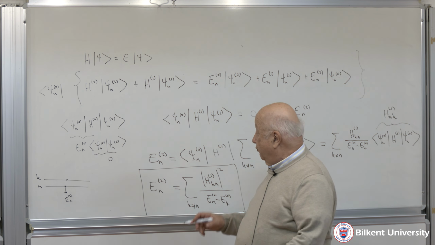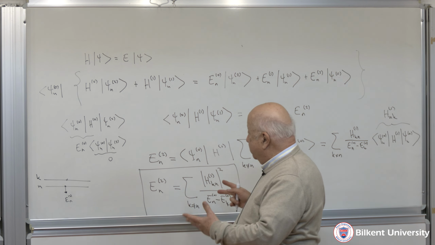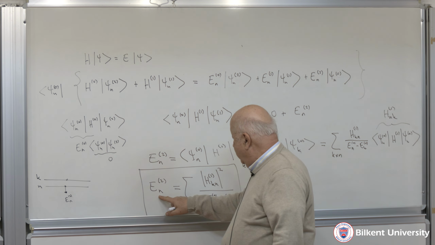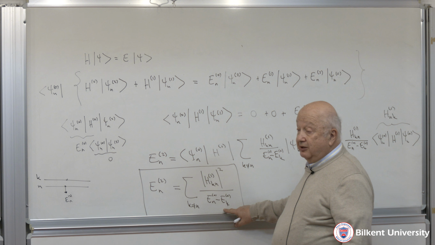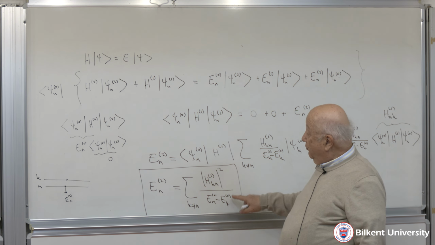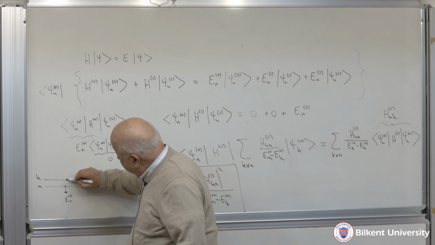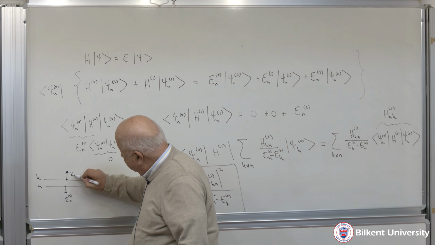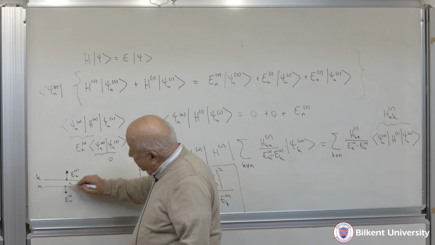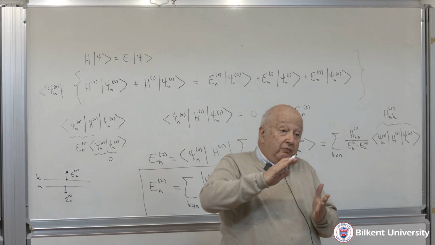So for that case, I'm going to get the opposite. If I look at Ek, this is going to be Ek minus En, and then it's going to be a positive term. So the second order change for the kth energy level, Ek2, will be in a direction to move it away from it.